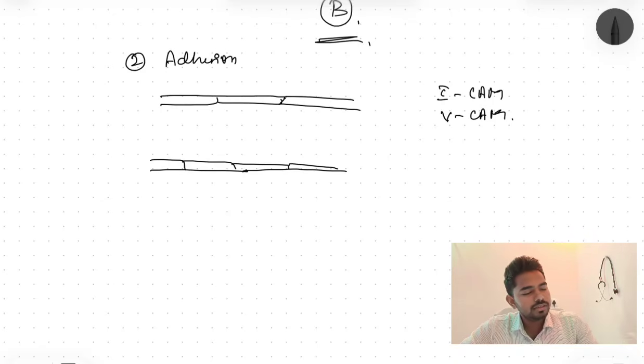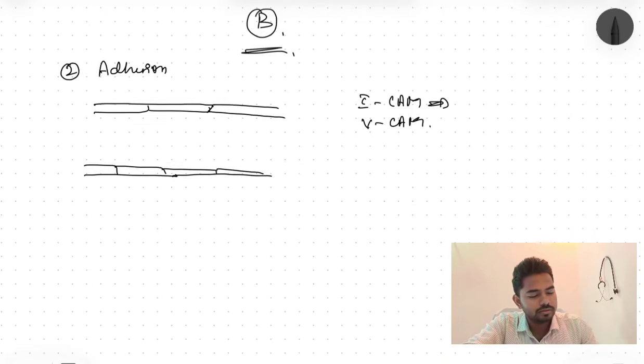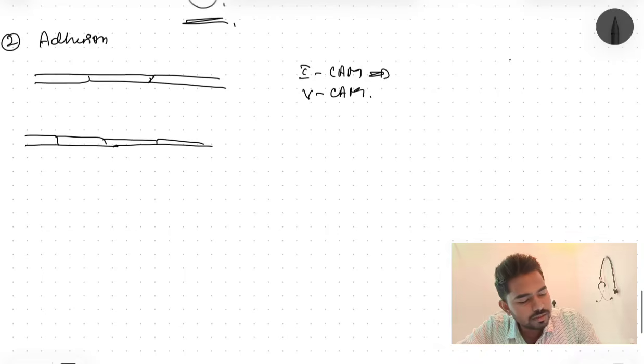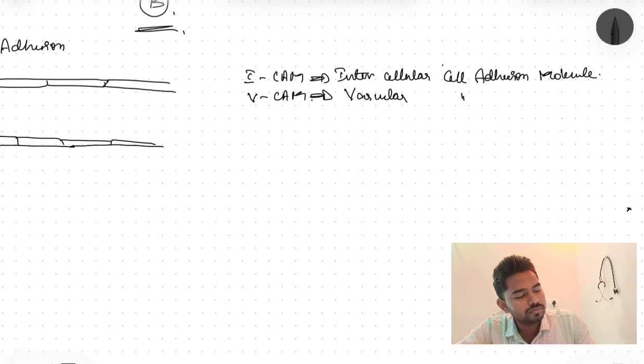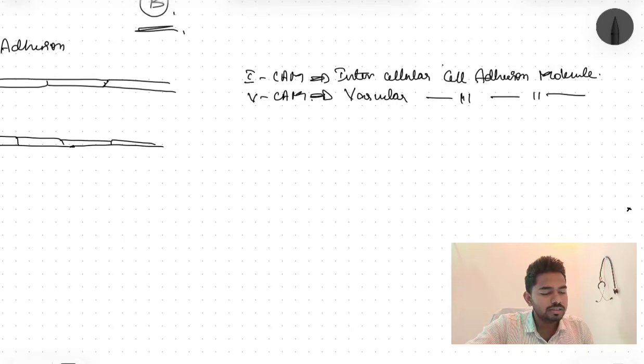ICAM is intercellular cell adhesion molecule. VCAM is vascular cell adhesion molecule. Where are these present?